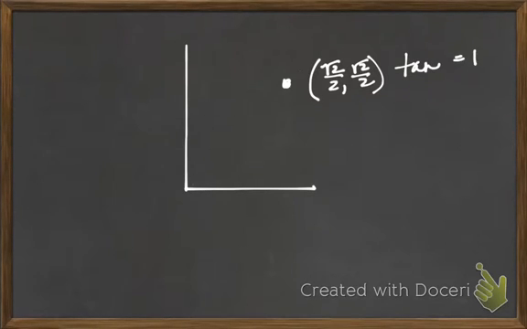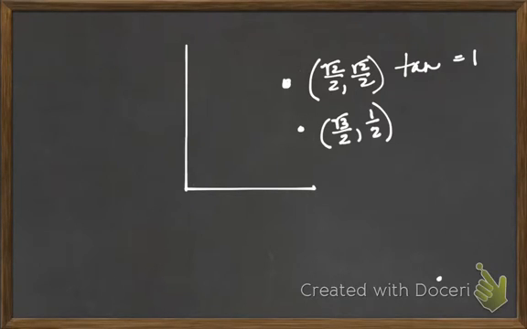Okay, that one's easy, right? So let's talk about this point. What's the ordered pair at this point? Square root of 3 over 2, comma, 1/2.